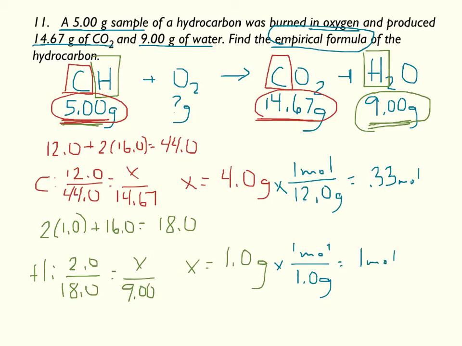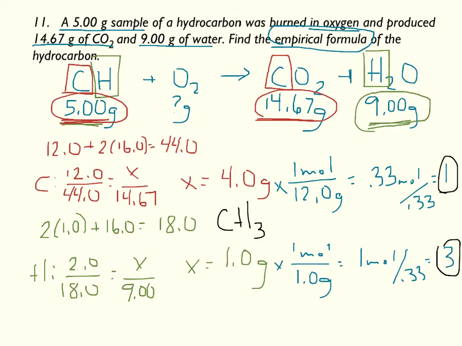Then we run a divide by small, which will give me the benefit of making the smallest number 1 and the larger number, hopefully a whole number larger than 1, which in this case is 3, which tells me that my empirical formula, my mole-to-mole ratio, is 1 carbon for every 3 hydrogens, or CH3.